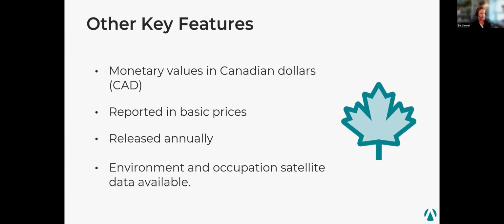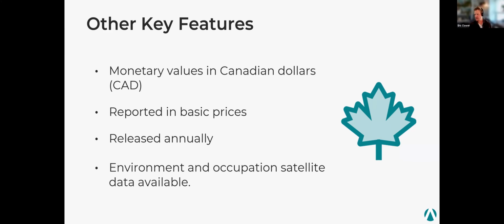Other key features that are going to be important to remember outside of the geographies and the industries. First, IMPLAN Canada represents all monetary values in Canadian dollars. It expects project inputs in Canadian dollars, and it returns results in Canadian dollars. Everything is reported in basic prices.